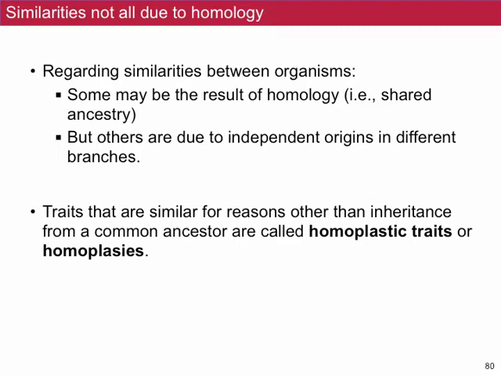So if we compare organisms to each other, and we ask what are their similarities and differences, we can document those similarities and differences between organisms. And as I told you already, if organisms share some feature that came from a common ancestor, that's what we call homology. But there are cases where organisms can share a feature that they separately invented in different branches of the evolutionary tree.